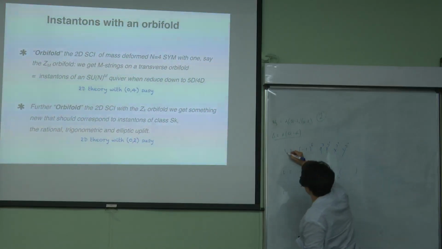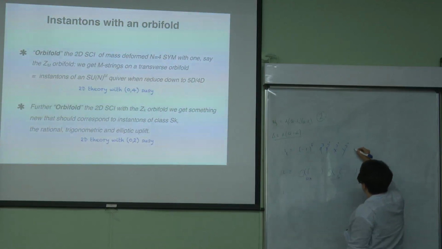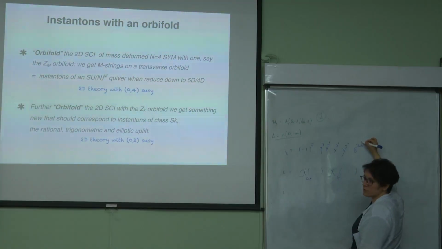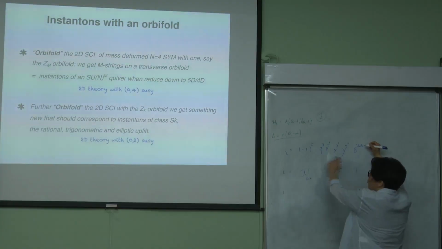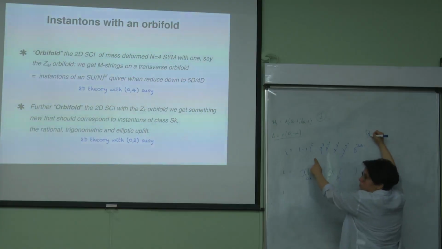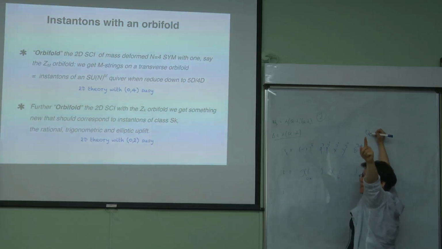Let's refine my index by an extra fugacity, where here I put precisely the rotation of the orbifold. Again, to be able to do this, I need to pick my Q such that it commutes with the orbifold, but this we did in the very beginning slide.